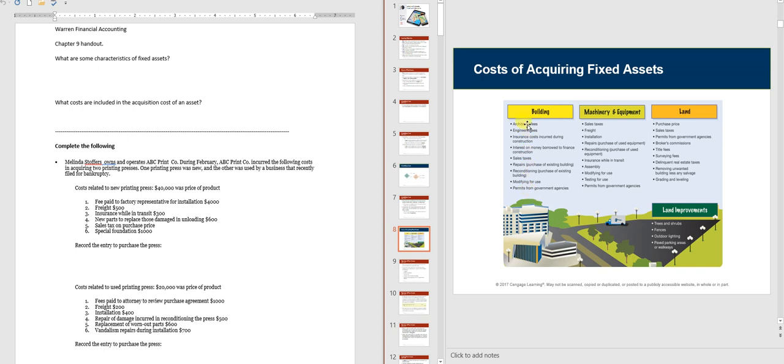You can look through those and see that all of those are incurred before I would use the building for the first time, or incurred in building the building. Machinery and equipment: any costs that I would incur to get it ready for running the first item I intend for sale.